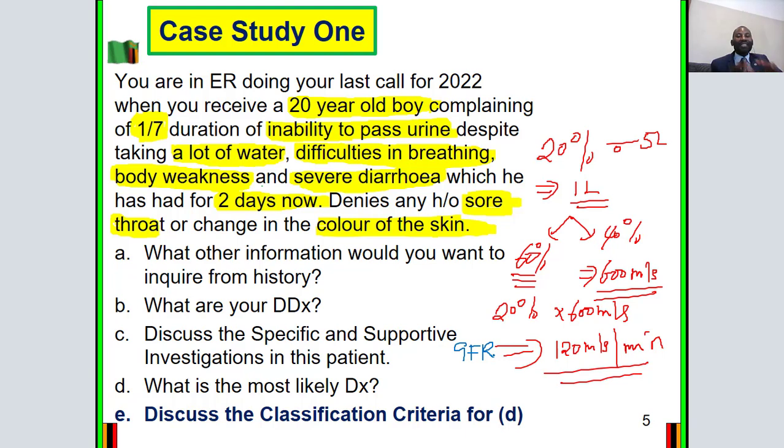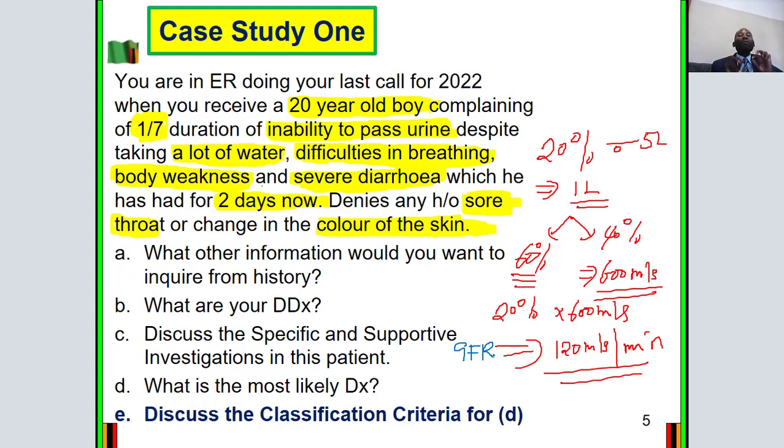And now, when we start looking at what other inquiry I am going to ask, I have a direction. From this direction, I'm suspecting an acute condition that has to do with the renal function system.